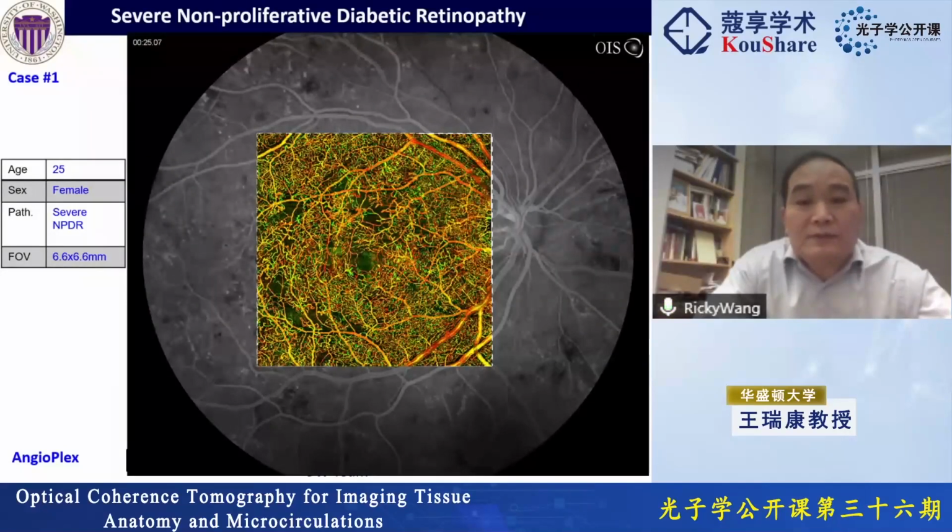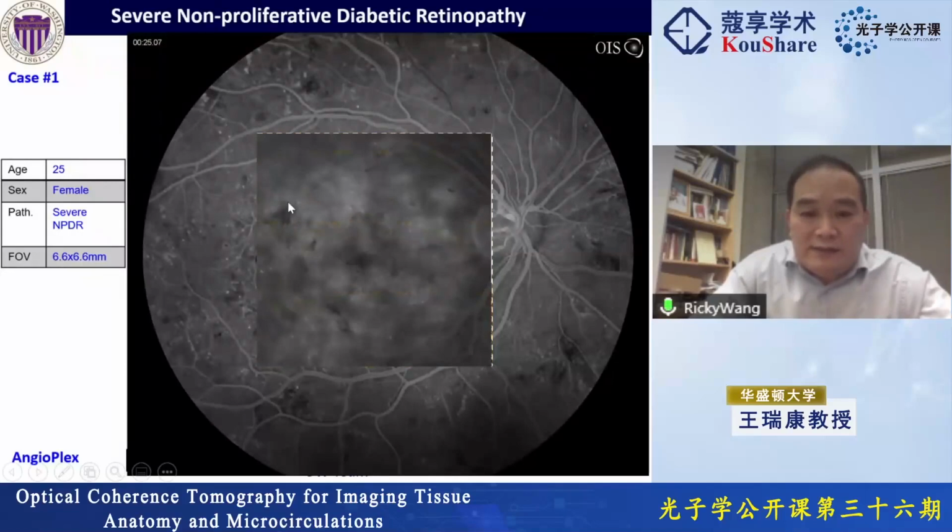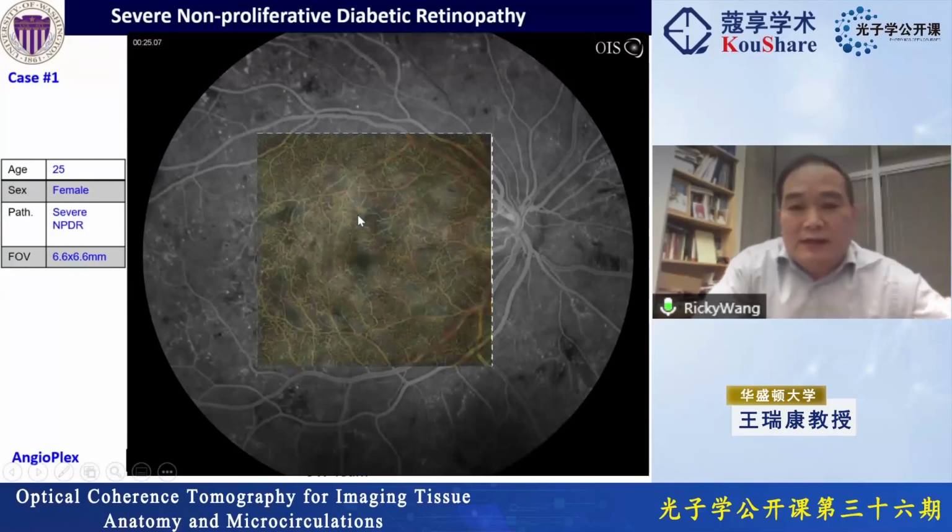This gives you this color map. And in this later stage FA, you see this leakage, right, of the blood vessels, and leakage in the blood vessel appears as these mushy bright areas. Okay, if you overlay the OCT vasculature map, you will see the agreement is really good.